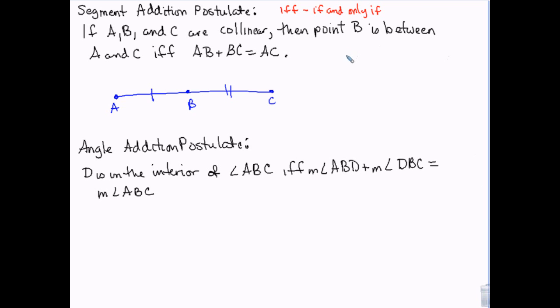The angle addition postulate is very similar to the segment addition postulate. This is what allows us to add angles, and that tells me if I have some angle ABC, point D is only in the center if, when I draw a line there, this angle plus this angle equals the whole thing. This allows us to add segments, but also to subtract.